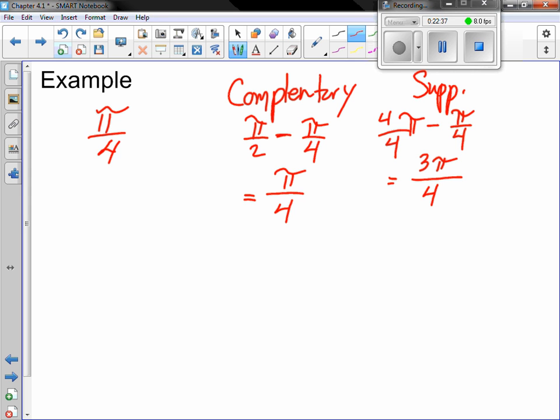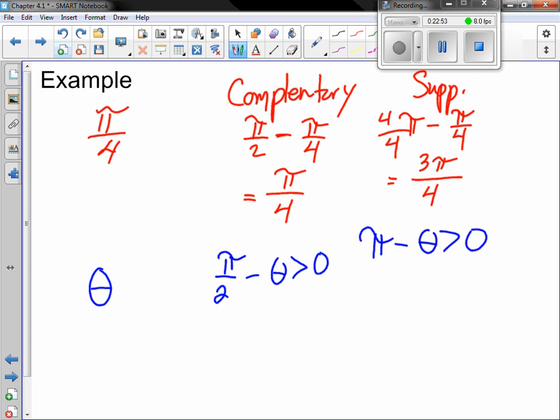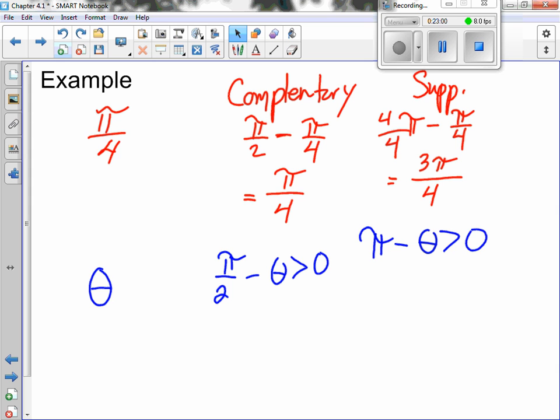So in general, if theta is any angle, for complementary we're doing pi over 2 minus theta, and for supplementary, we're doing pi minus theta, yes? And for these to work, they have to be greater than 0. Because if they're negative, it means the angle that we're starting with is either greater than pi over 2 or greater than pi.